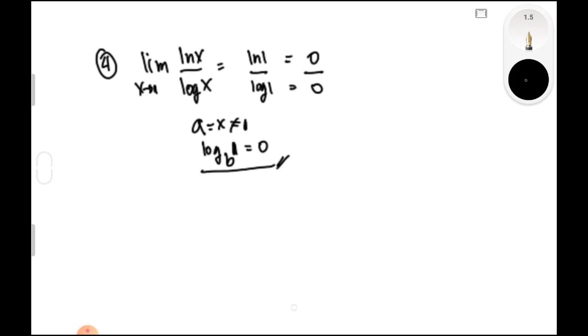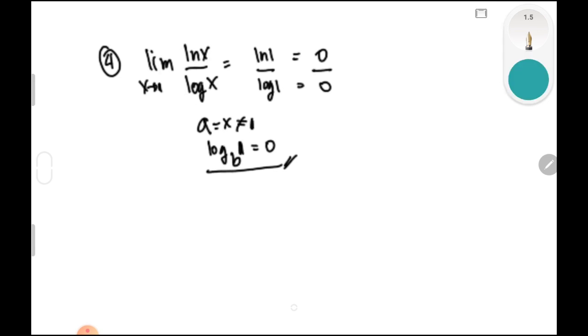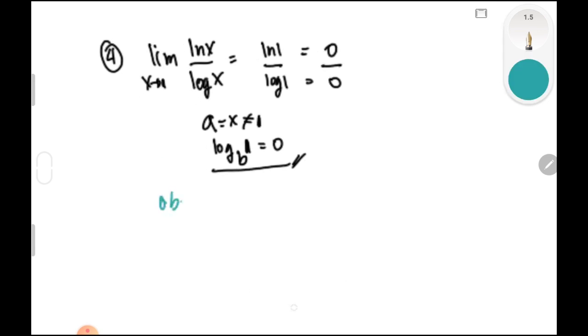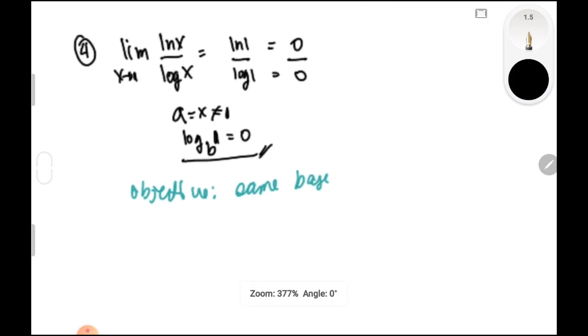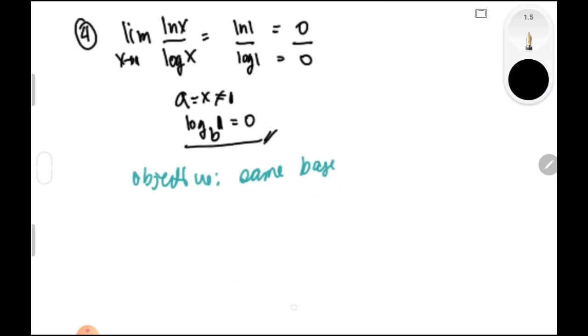So dapat parehas yung base nila. So objective, pag ganito mga sitwasyon, kailangan mo ng same base. Okay? So dyan mapasok yung change of base natin that I have solved in the logarithm function discussion.